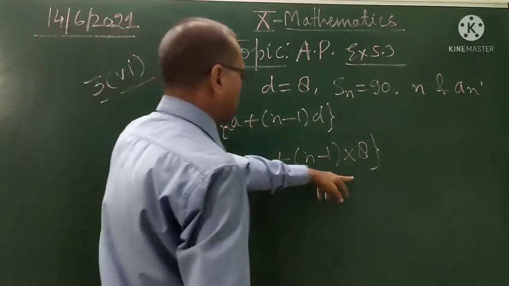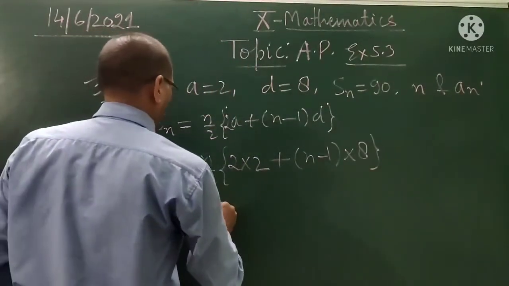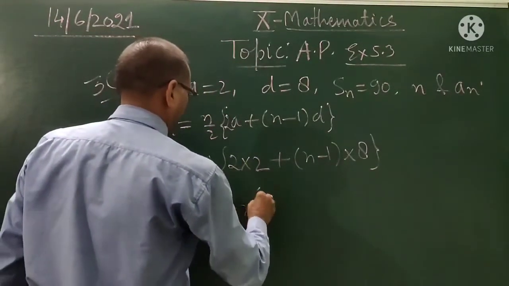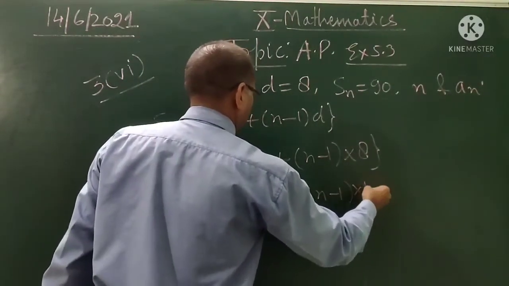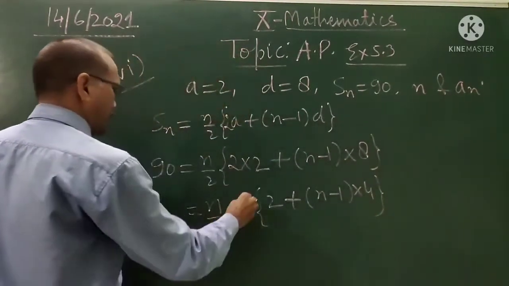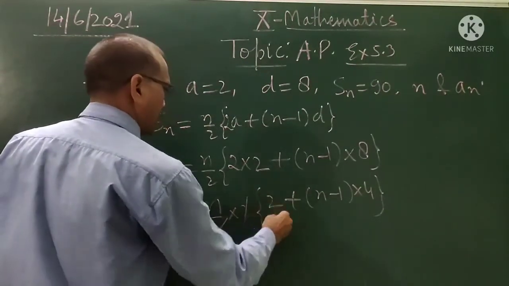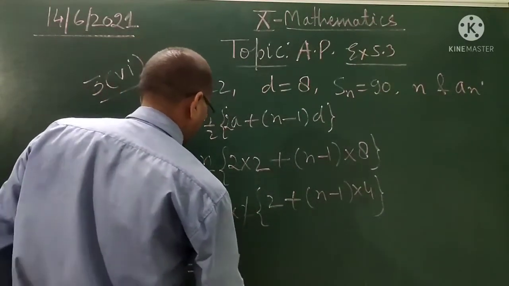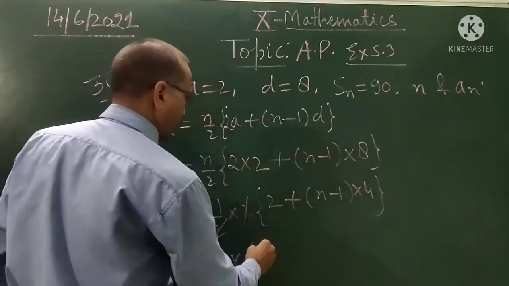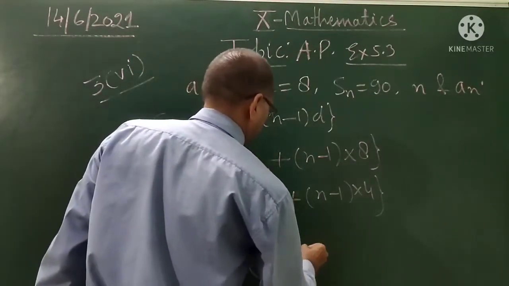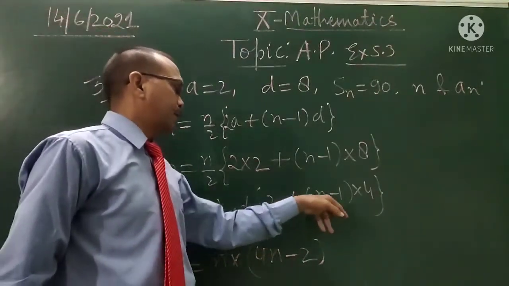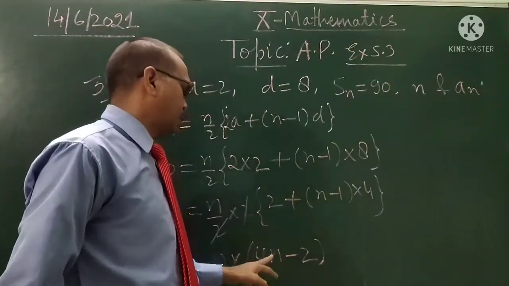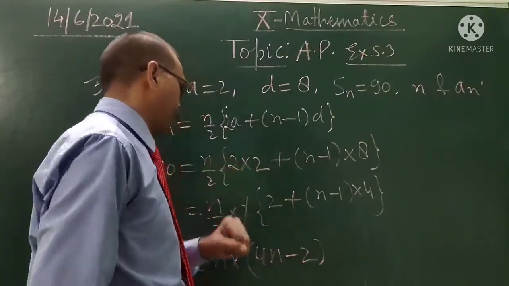So here 2 is common, so take 2 common and it is 2 plus n minus 1 into 4. 2 cancel. Now it is n into 4n minus 2. After simplifying the bracket, it is 4n minus 4 plus 2, so it is 4n minus 2.